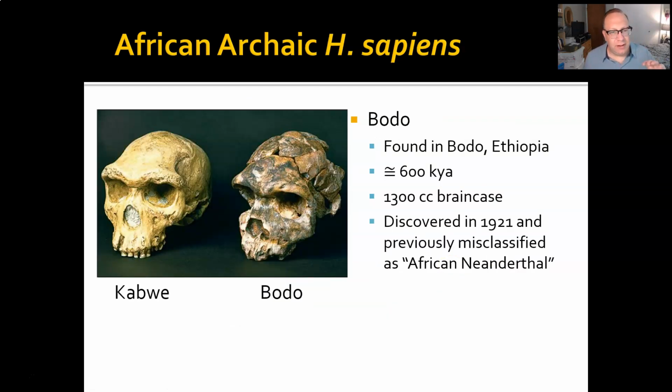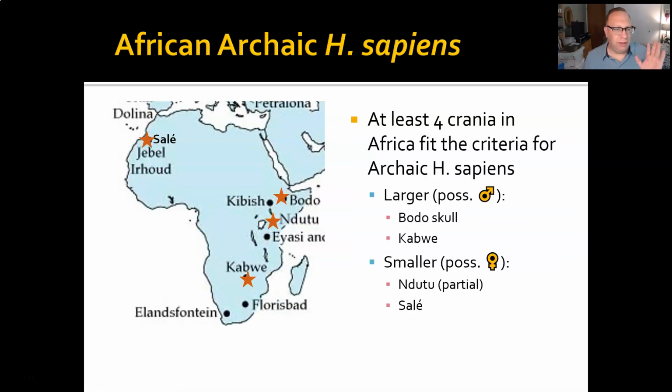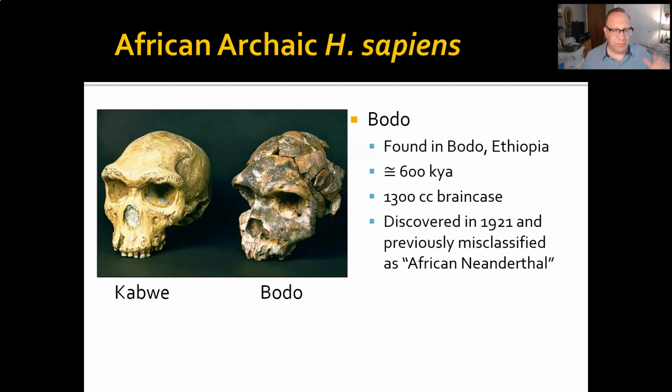Boto and Kabwe are both from more eastern or southern Africa. Boto is approximately 600,000 years old, found in Ethiopia. 1300 cc brain case, right there with modern humans.